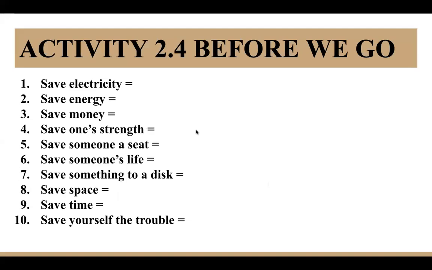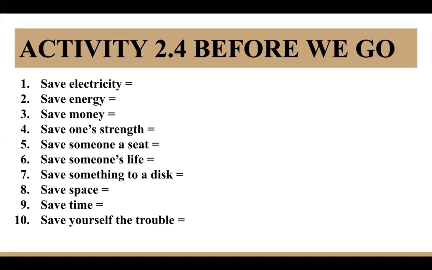That's it, done for this kind of activity. I hope you guys enjoyed this class activity, and before we go, the vocabulary today is save. Save electricity is using the word save followed by a noun as a phrase, an idiom. Save electricity, save energy, save money, save one's strength, for example, save your strength, save my strength. Save someone a seat, save you a seat.